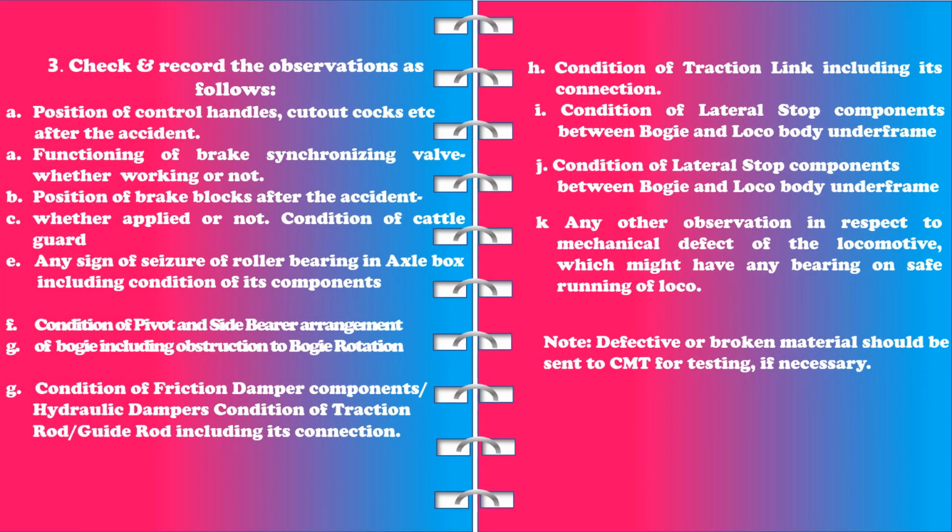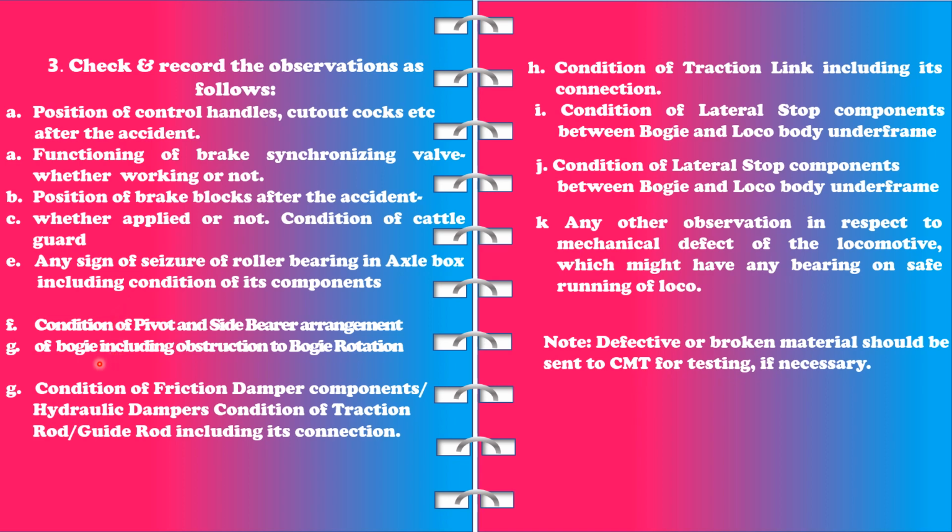Serial number 3 gives instructions to check and record observations like position of controls, handles, cutouts, blocks, then function of brake, synchronizing valve, position of brake blocks after the accident, whether they are in applied condition or not, then condition of kettle guard, any sign or seizure of any roller bearing in axle boxes including condition of its components.